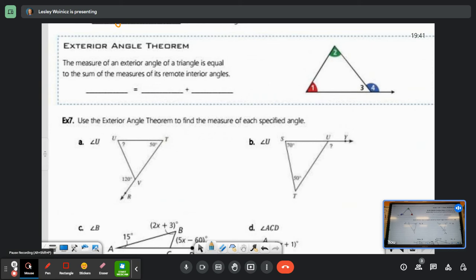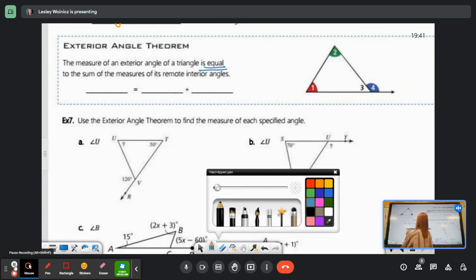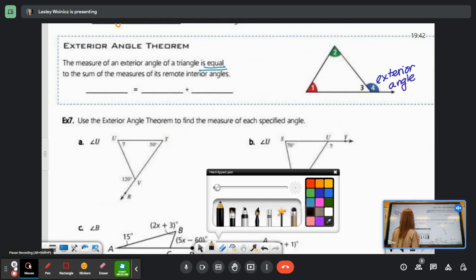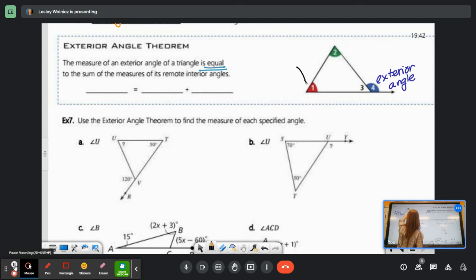The measure of an exterior angle of a triangle is equal to the sum of the measures of its remote interior angles. This is the exterior angle, and these angles, 1 and 2, are the remote interior angles.